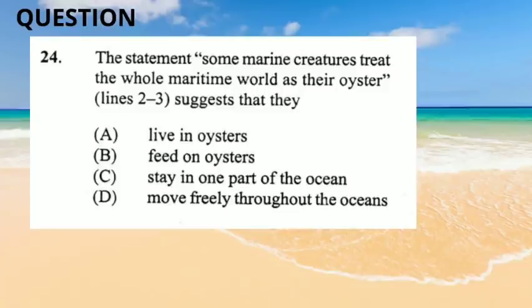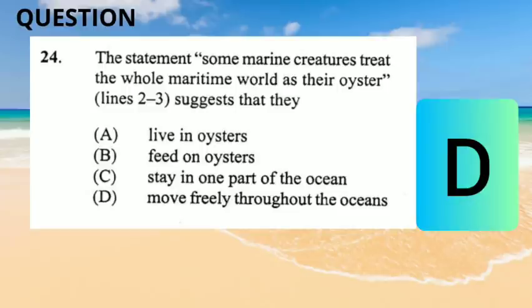So when the writer says some marine creatures treat the whole maritime world as their oyster, he's suggesting that the creatures move freely throughout the ocean. It means that the ocean world belongs to them and they can go anywhere they want to go and do absolutely anything that they want to do. So the answer for this item is D.